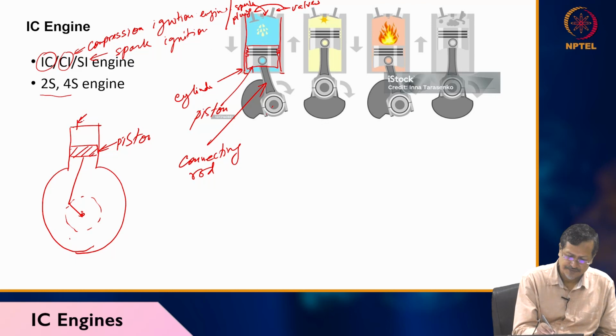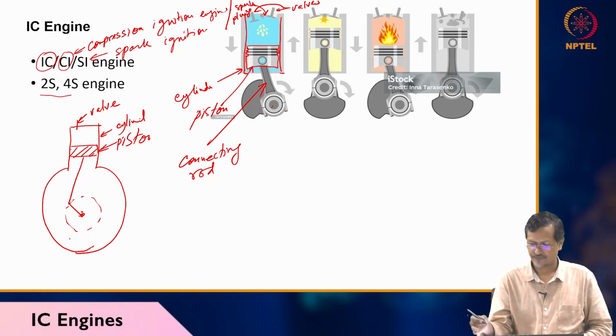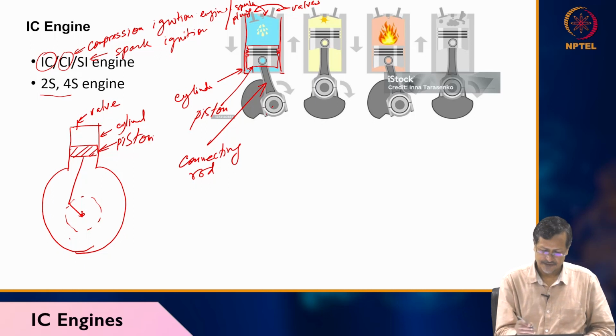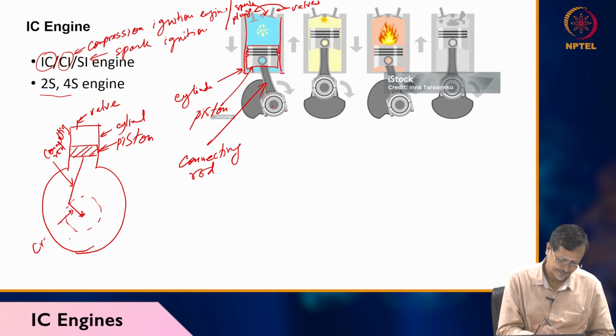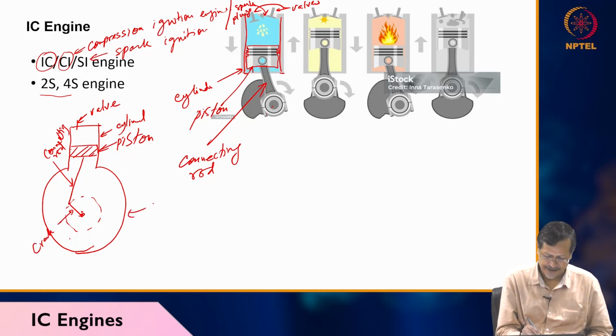I will have a valve here. This is the cylinder. Whatever I copied from the iStock pictures website, the same thing I am drawing here. So this is the crank, this is the connecting rod, and this is called the crankcase.